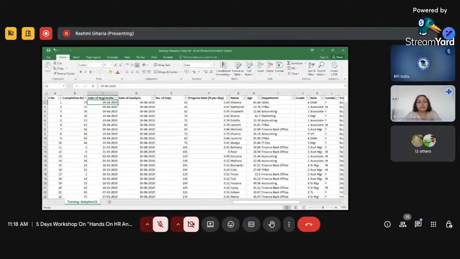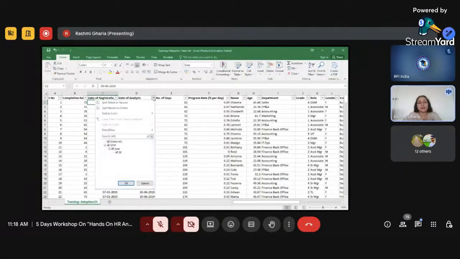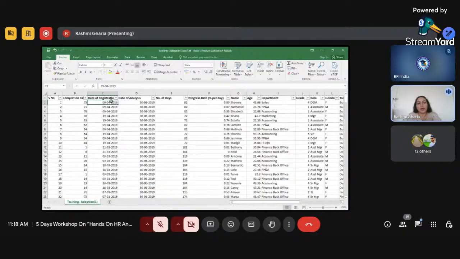Yeah. Then if you see, they have given the information about the date of analysis, right? So they did the analysis on June 30th, to see the completion rate of employees. So this date is the same for everyone, right?